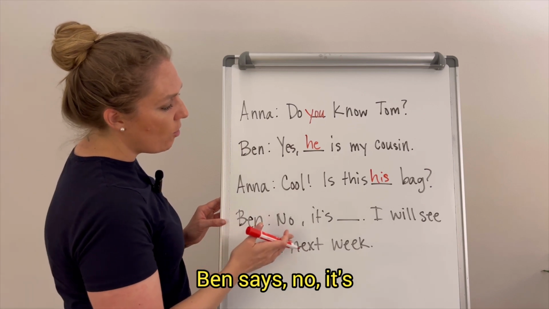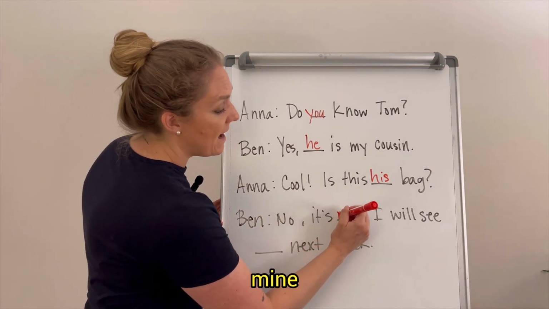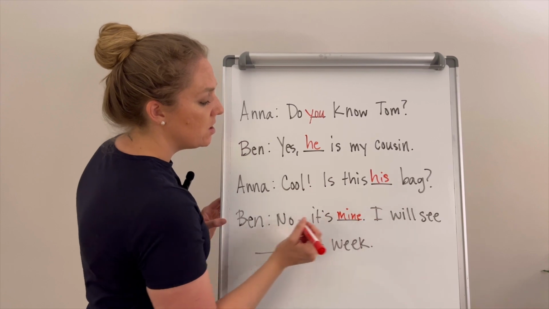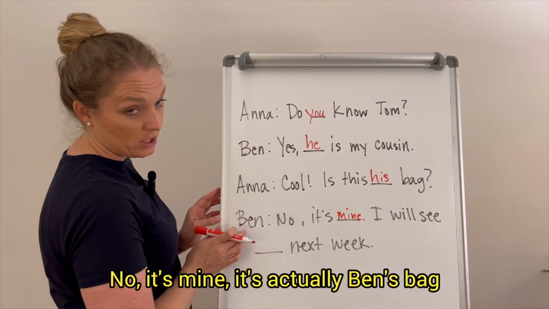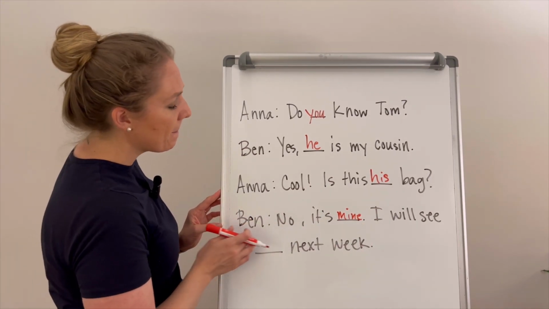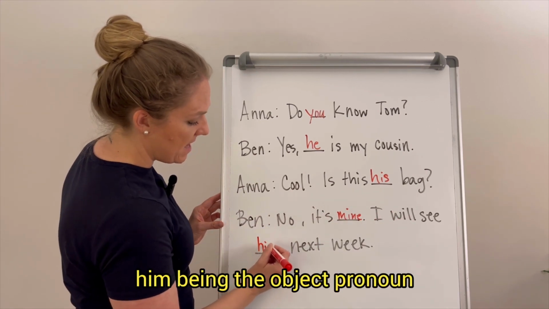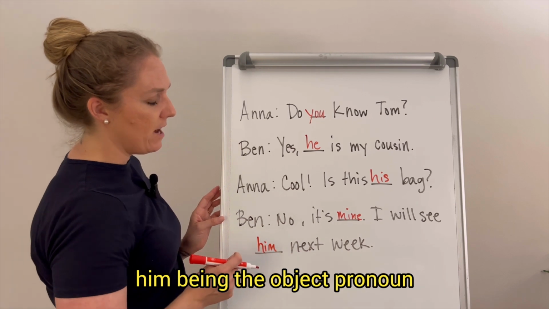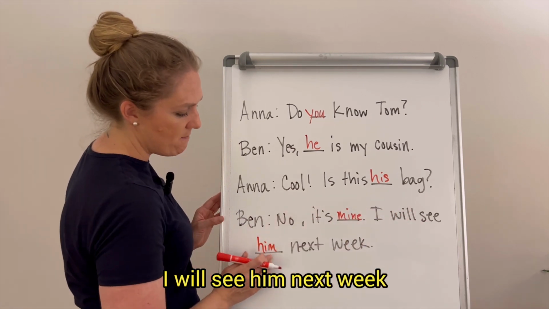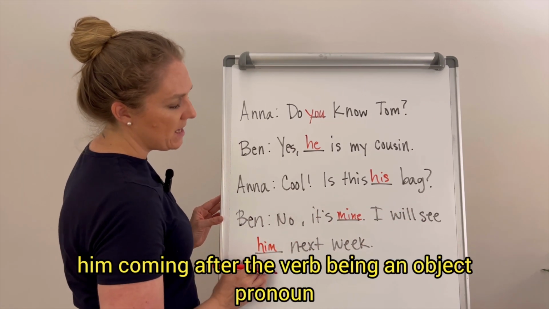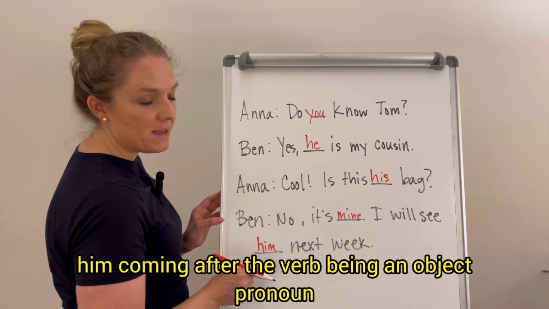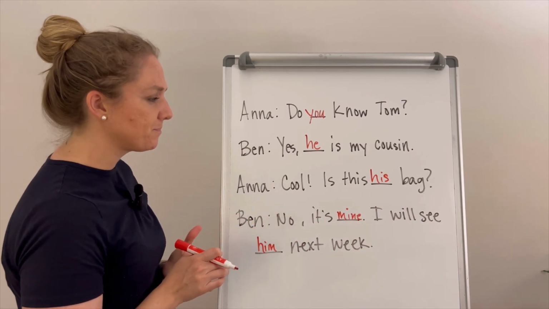Ben says, no, it's mine. It's actually Ben's bag. I will see him, him being the object pronoun. I will see him next week. Him coming after the verb being an object pronoun.